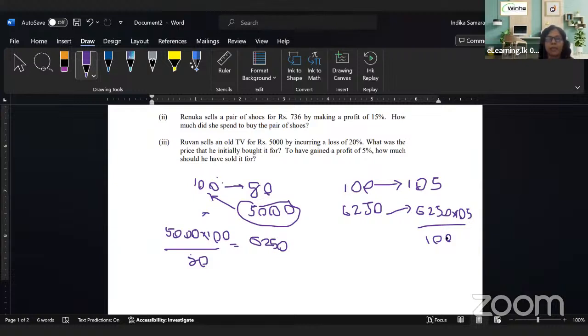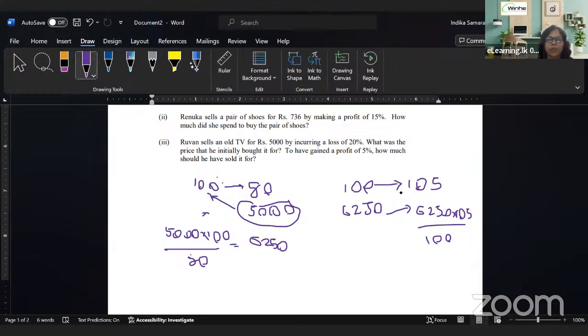Now, if we are selling with a 5% profit, the question asks what price it was sold at. Now we know the initial price. First think, if it is 100 with a 5% profit, we should sell it at 105. Right? If it is 100, we should sell it at 105. But our initial price is 6,250.